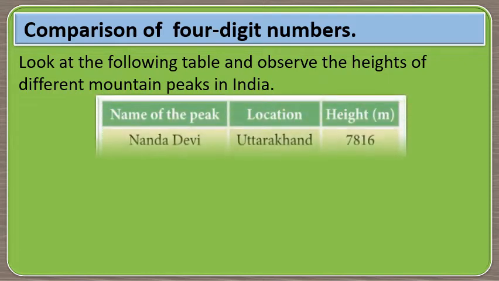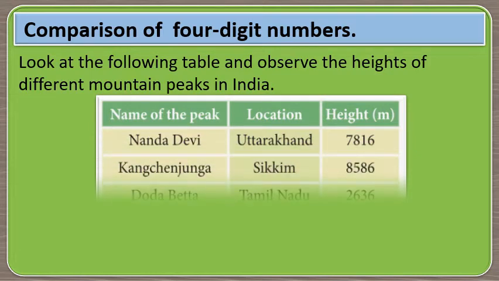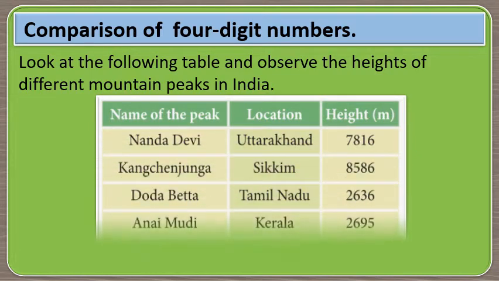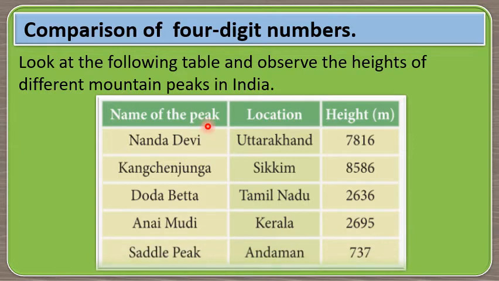A table is given here. In this table, name of the mountain peak is given in the first column, location is given in the second column, and the height of the mountain peak is given in the third column.